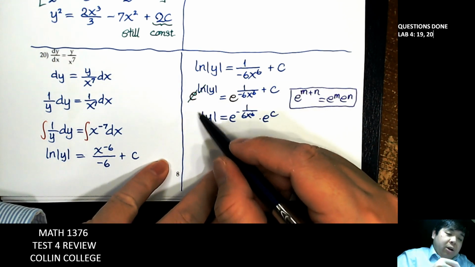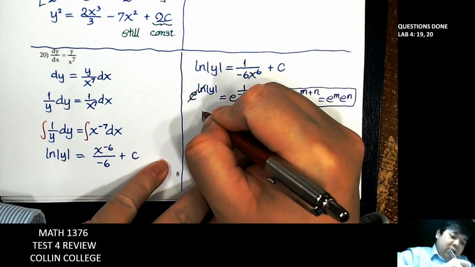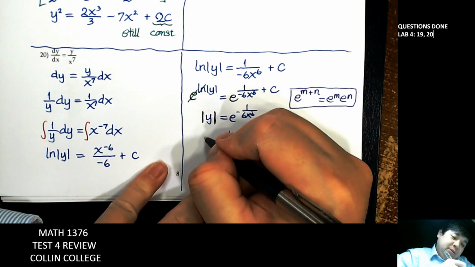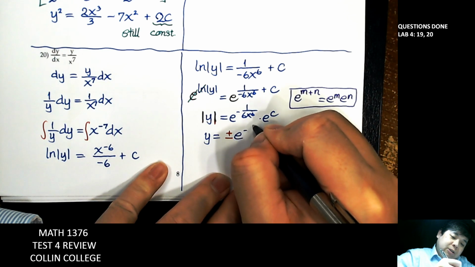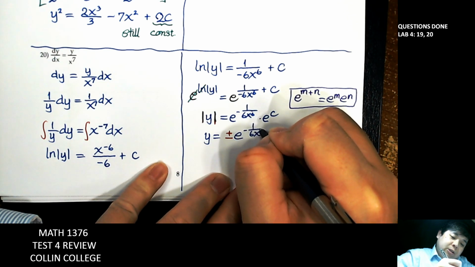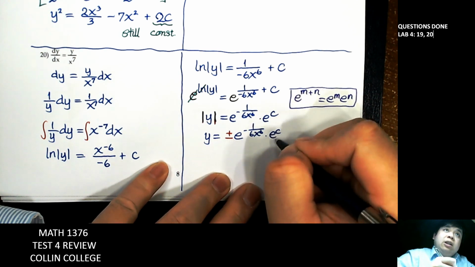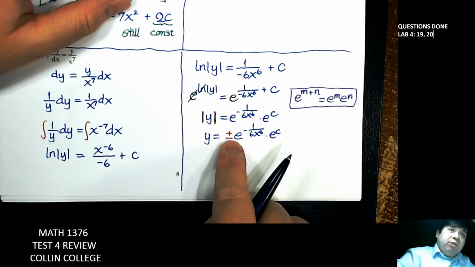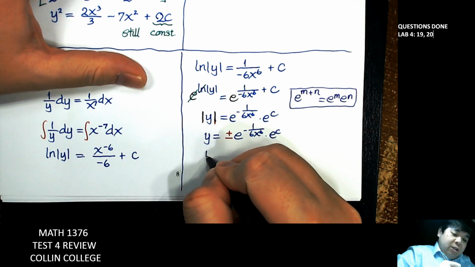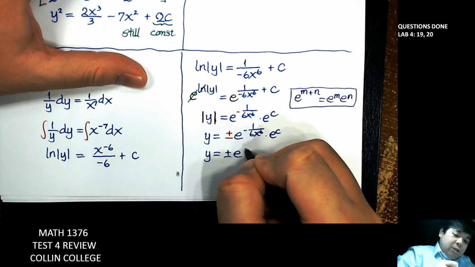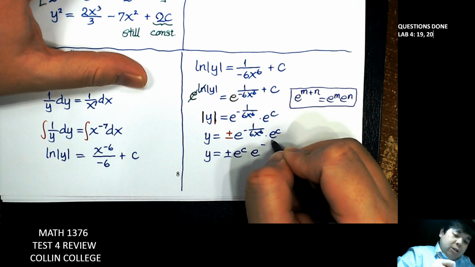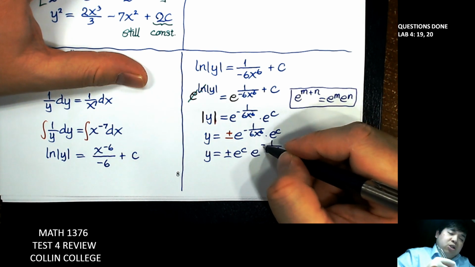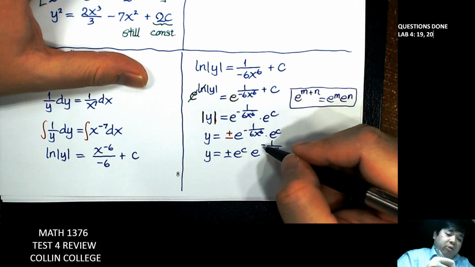Next, we'll get rid of the absolute values by throwing in the plus or minus. So if we want to get out of this, it will be plus or minus on one side. And e to the c. Right. Next, e to the c, I move that in front right after the plus or minus. The minus you can write at the bottom or preferably on the top.